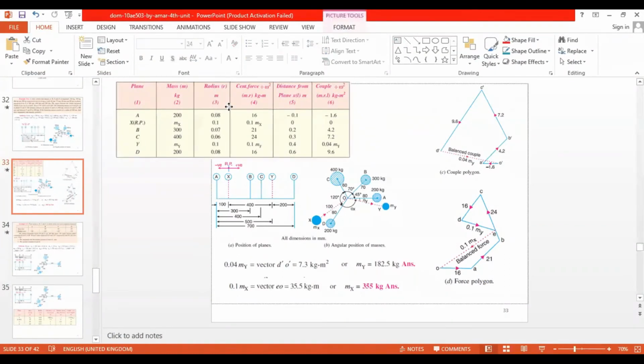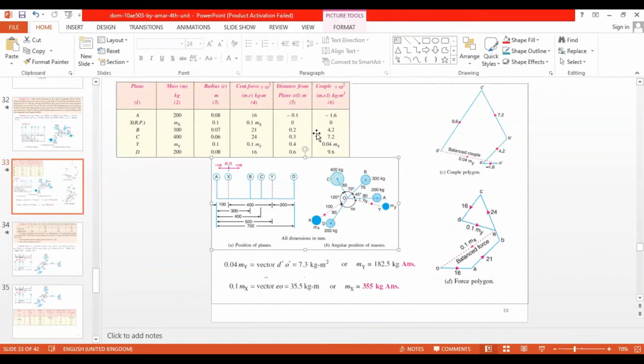Now, with the help of this table, we will be drawing two polygons. One will be called the couple polygon for this couple, and one will be called the force polygon for this force. So let us start. Here we have the space diagram, which will give you the angles.